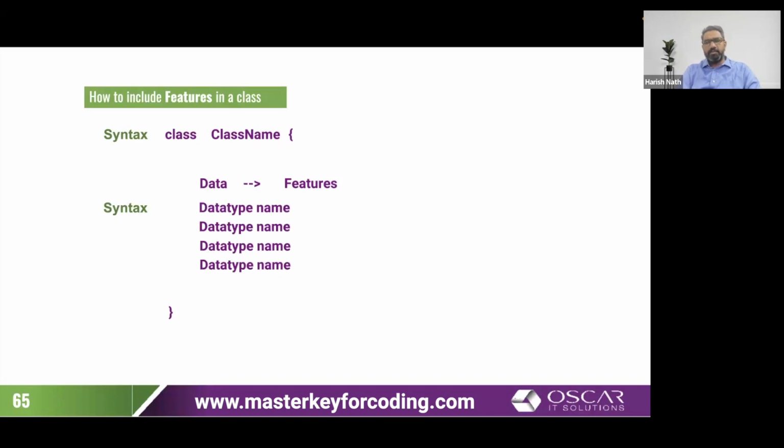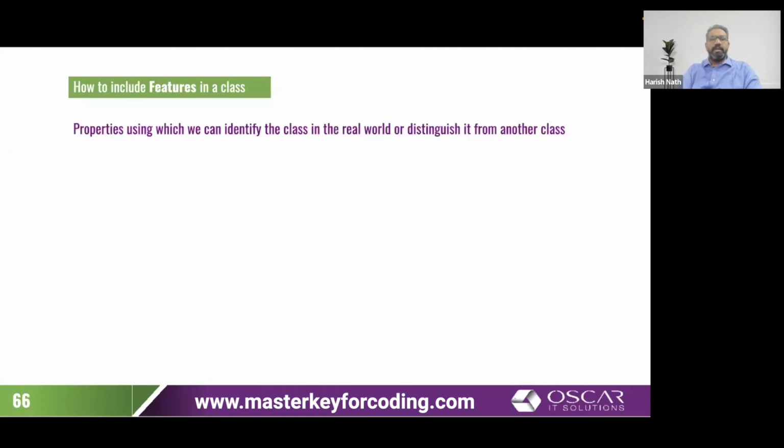How many features you have, mark the features. This is back to the same syntax of your memory statement. Whichever language you're writing the class in, that language has a memory statement, write this syntax here. You will be marking the data members. You will be marking the features. You're in the game. That's all.